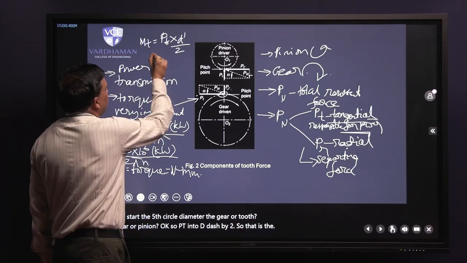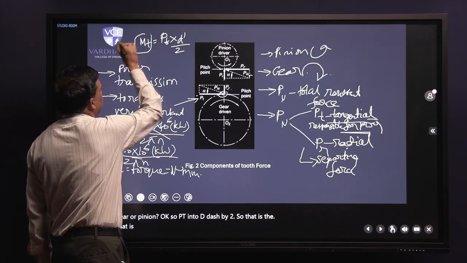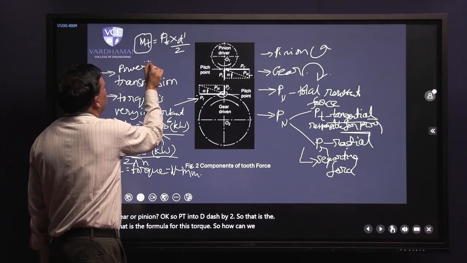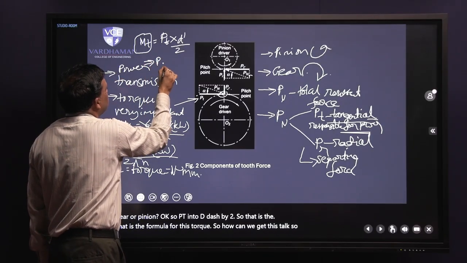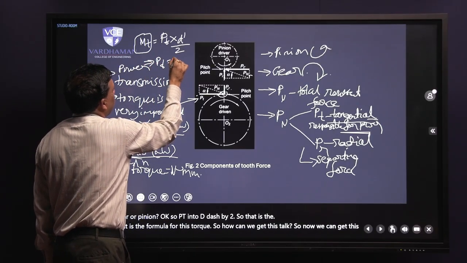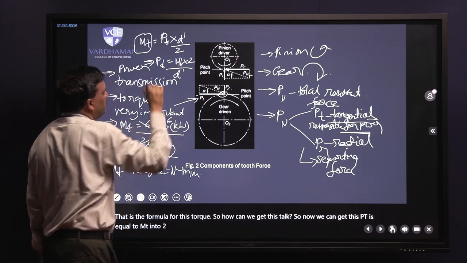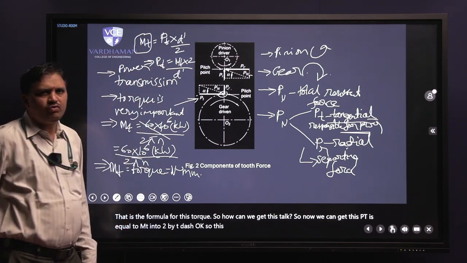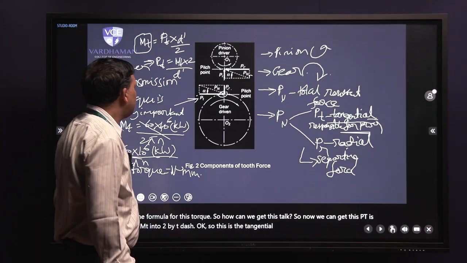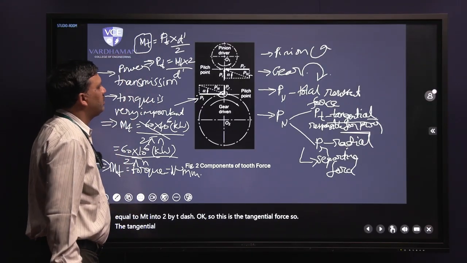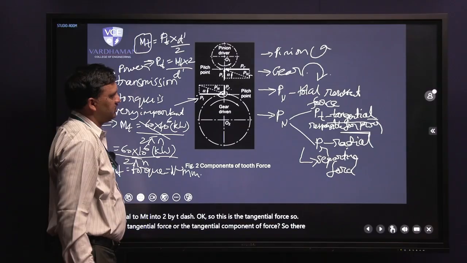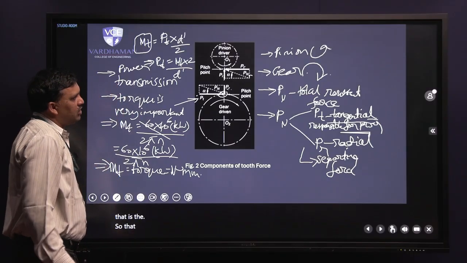From this we get Pt is equal to 2 Mt by d dash. So this is the tangential component of force.